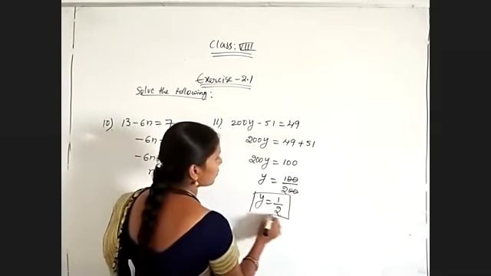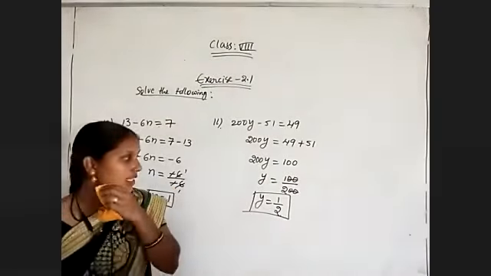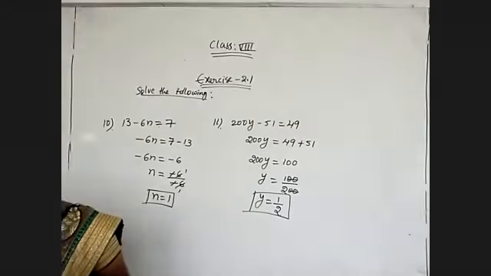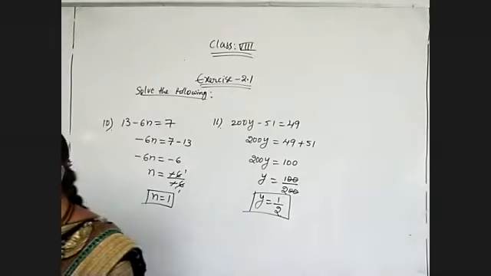So what is the value of y? 1 by 2. And checking you have to do yourself. And some questions I am going to give now. So try those questions yourself and check the result also.